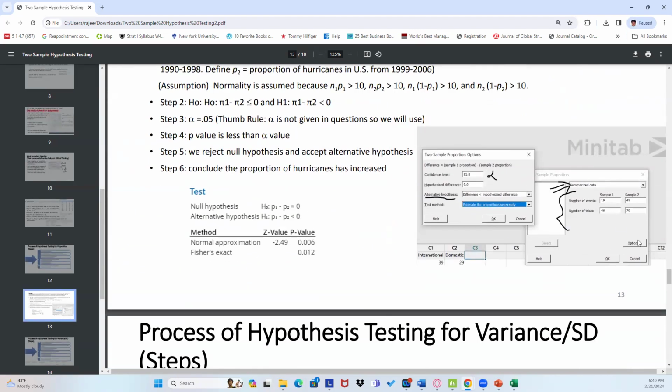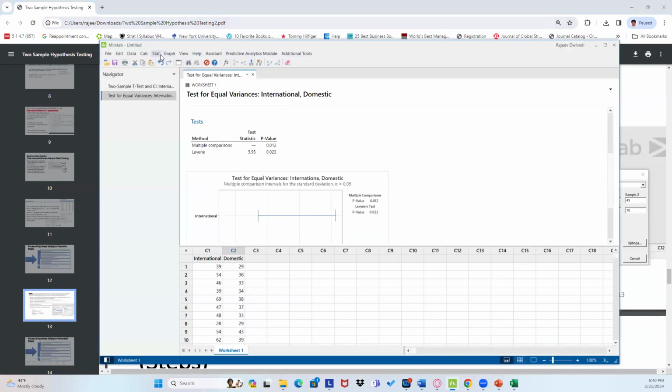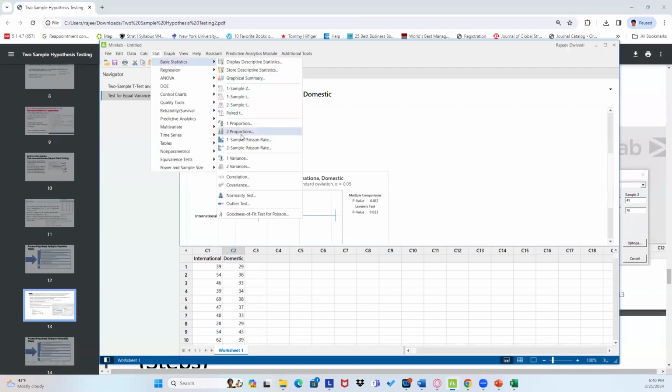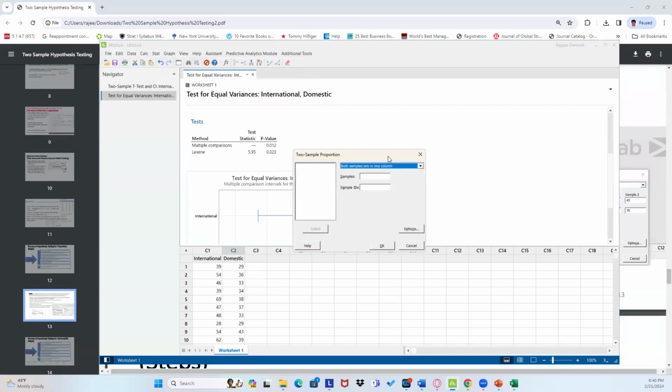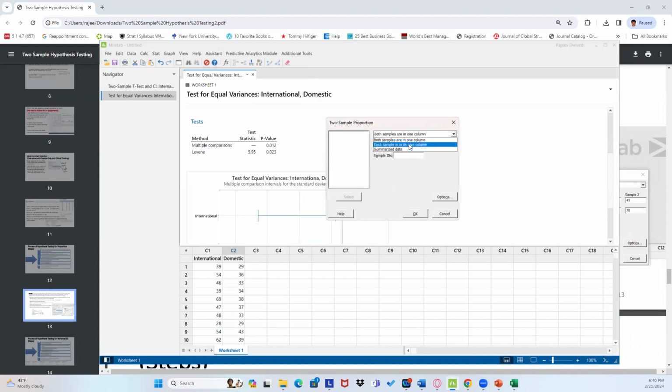Very simple questions are given when you get the number of events. I can show you here: Statistics, Basic Statistics, two sample proportion. And here, each sample in its own column, like you have here, yes, no, yes, no, or success, failure, or you can use the summarized events.